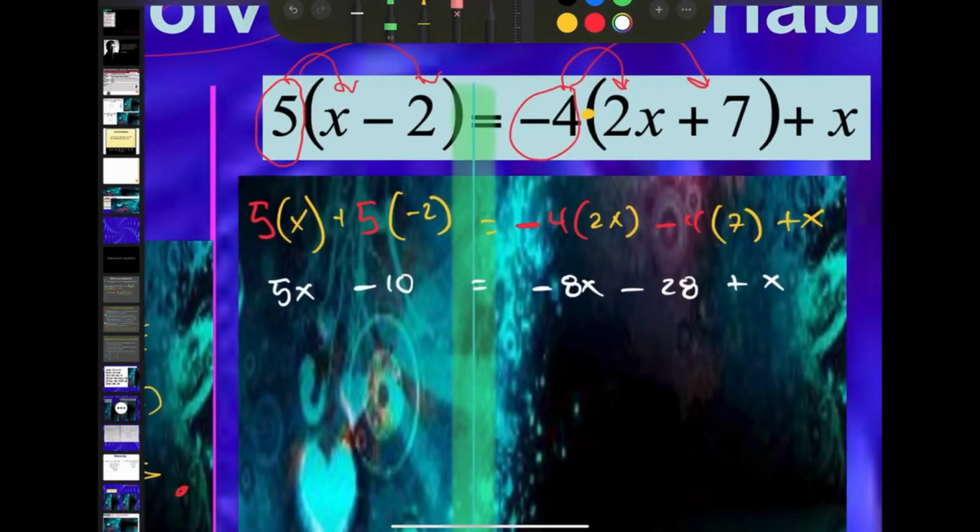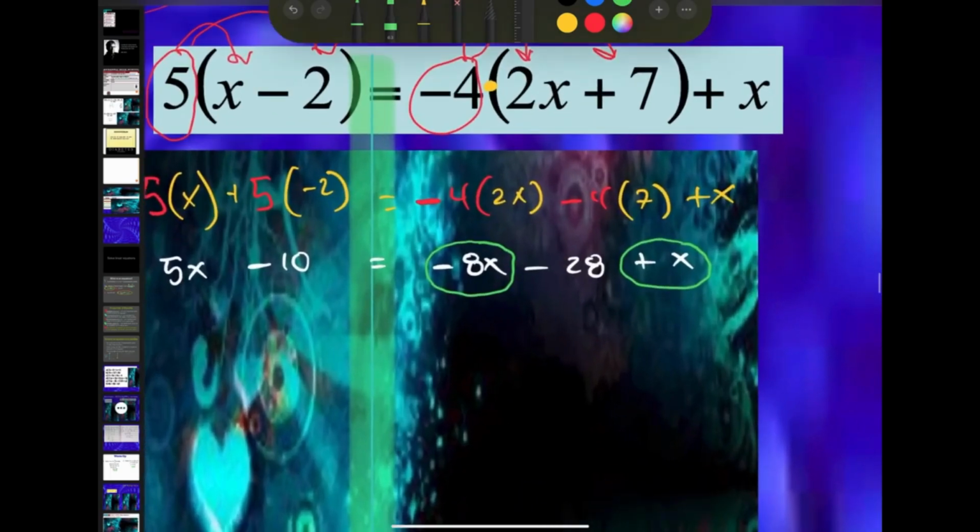I'm eventually going to get all of the x's on one side. But I see some friends here on one side of the equation. This is a common mistake for students.